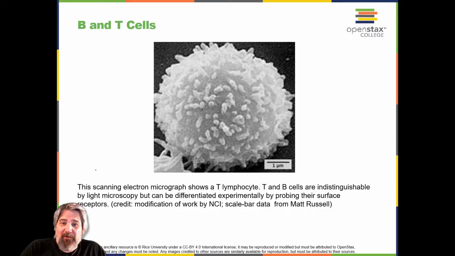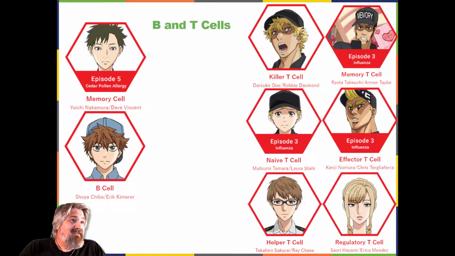In autoimmune disorders, this has gone wrong in some way, and you have immune cells attacking your own tissues. So here is a T lymphocyte by electron micrograph, and the T and B cells are indistinguishable by light microscopy. But if you watch Cells at Work, then they look like this.